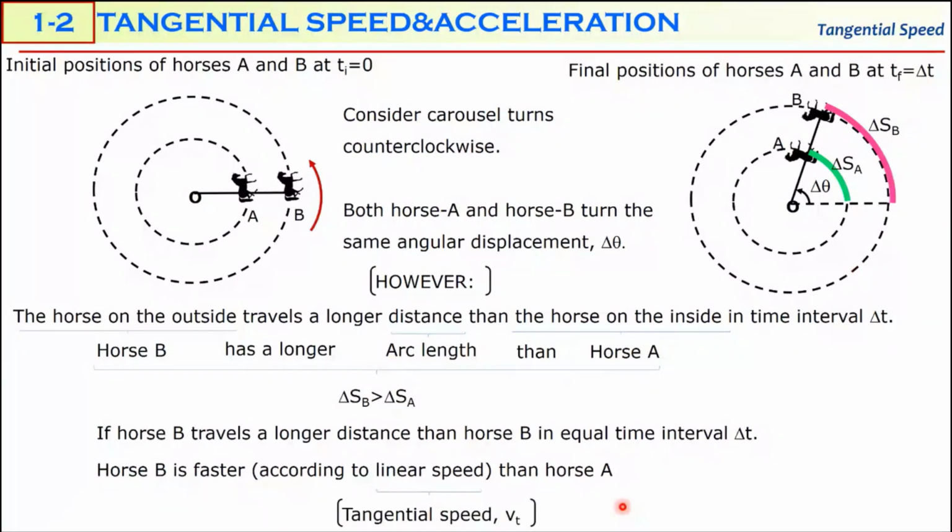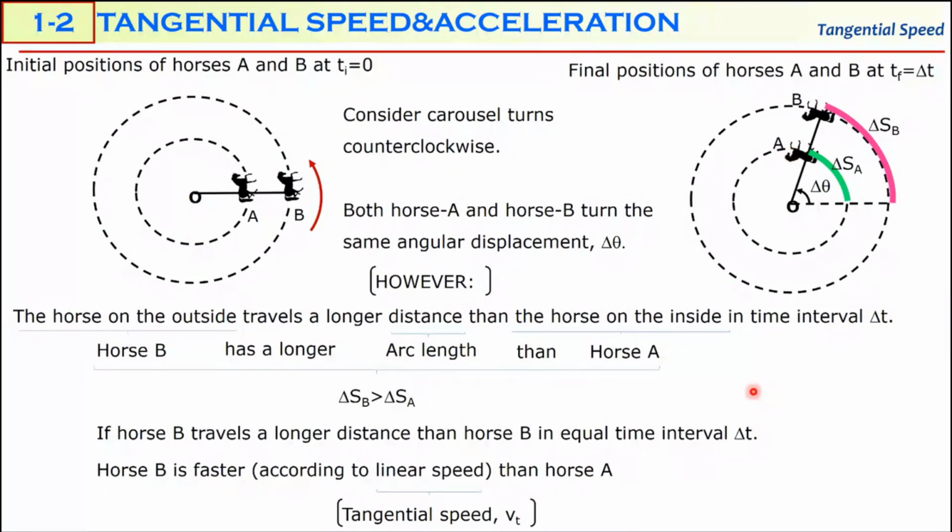This linear speed, you defined as linear speed. Now, in this section, it will be given a new name. That name is tangential speed. So the tangential speed of horse B is greater than the tangential speed of horse A, or the horse on the outside has a greater tangential speed than the horse which is inside.